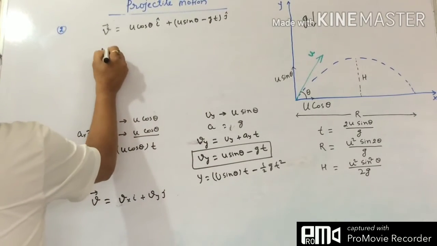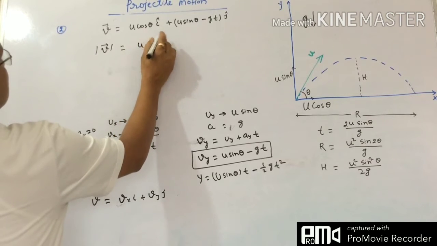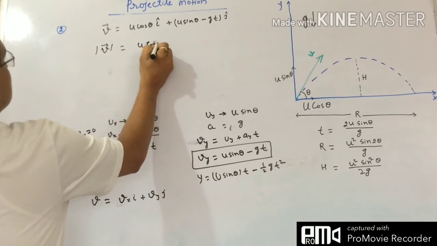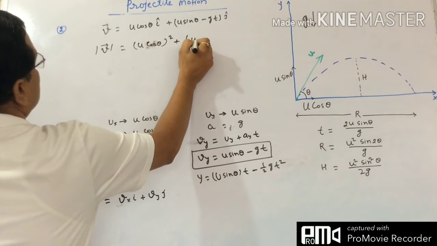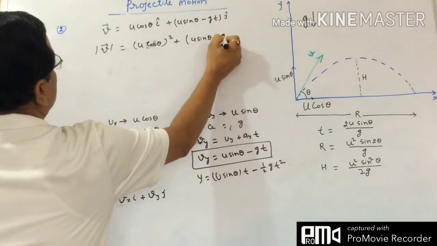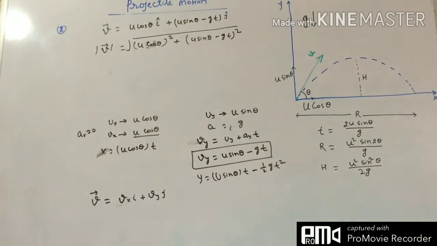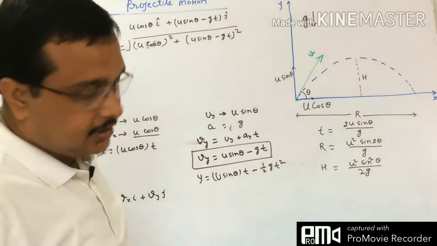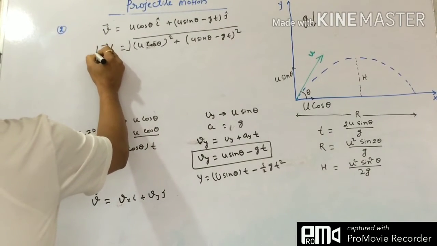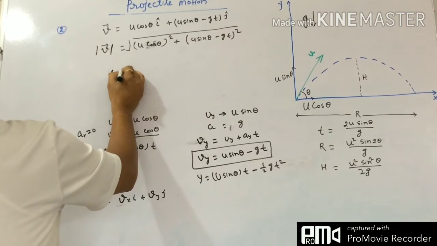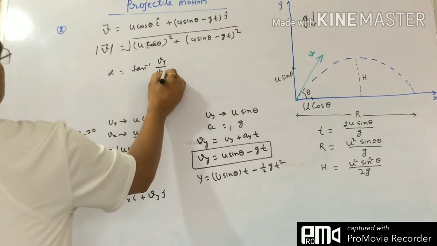So magnitude of velocity v equals to under root of u cos theta whole square plus u sin theta minus gt whole square, right? And this is the magnitude of the velocity, and if you want to find out the angle, then alpha equals to tan inverse Vy by Vx.